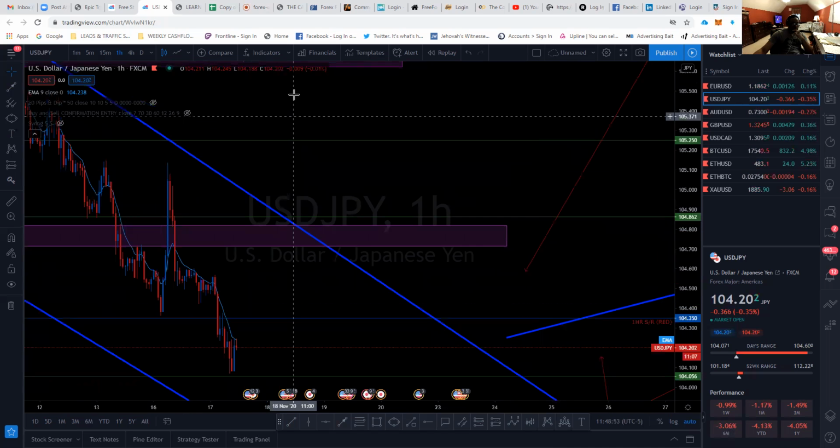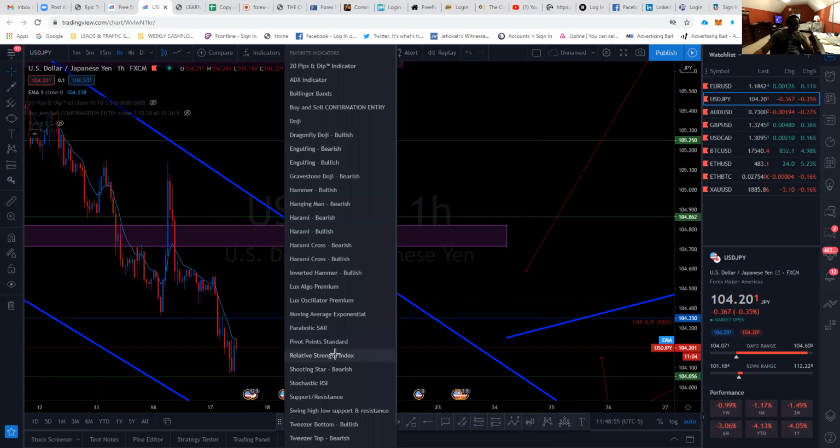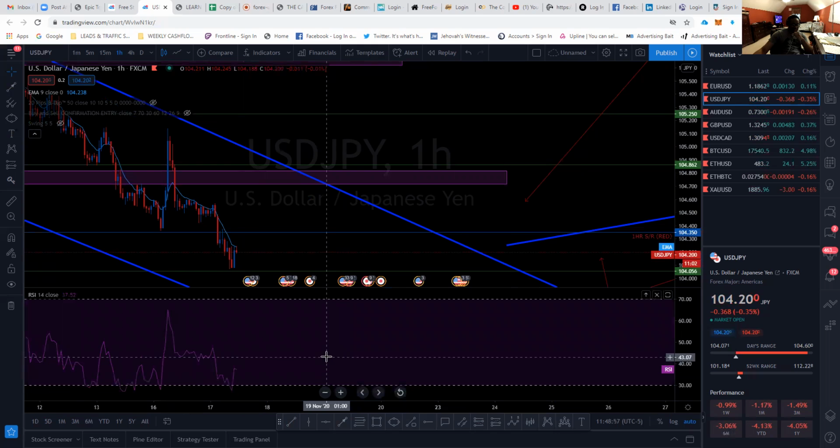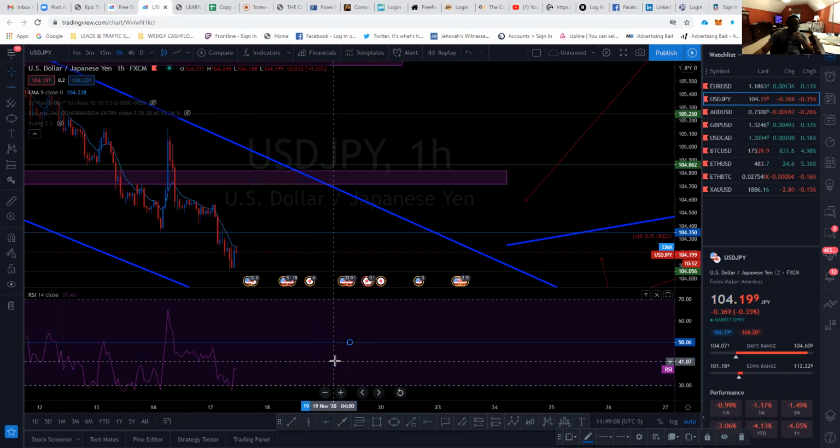Now I'm going to go to the regular RSI and see where it's at on the 50. Now the 50 line is here. So it lets me know that price is below the 50. So if it's below the 50, then price is probably going to come up to this 50 line, hit resistance, and then shoot back down again.